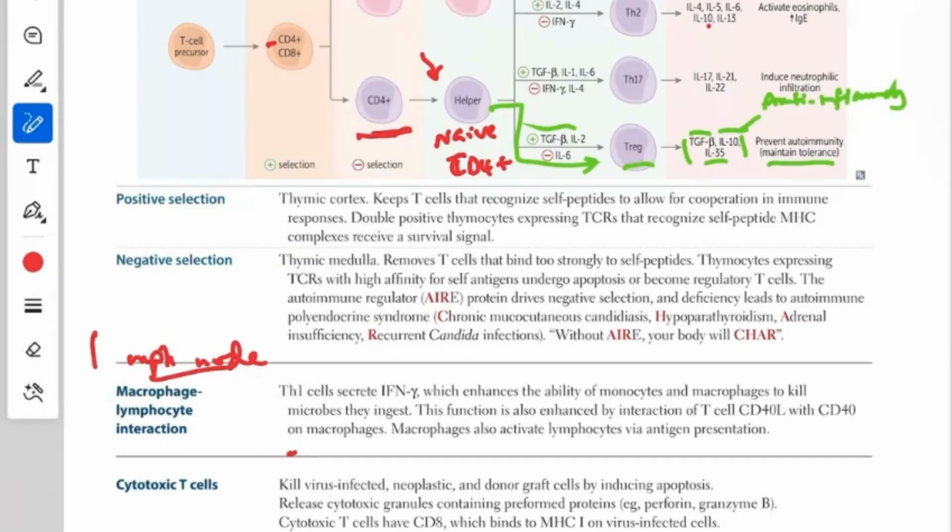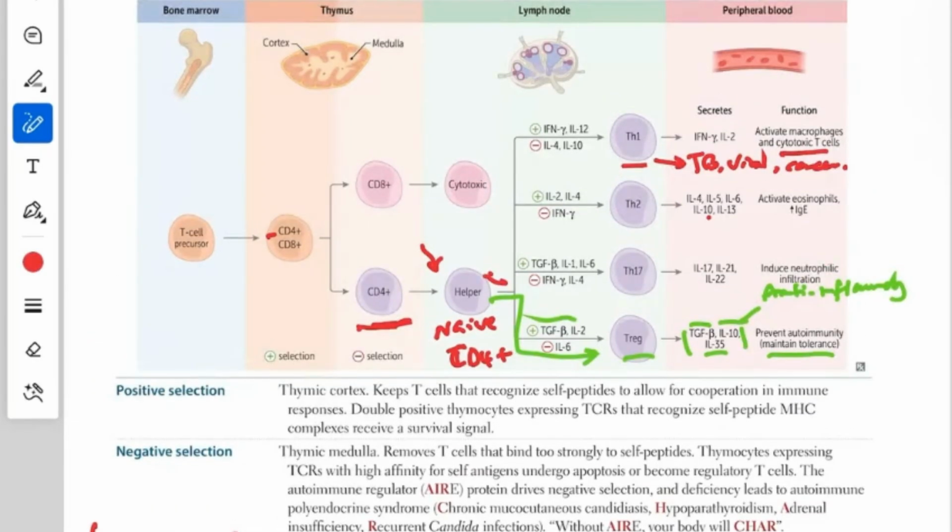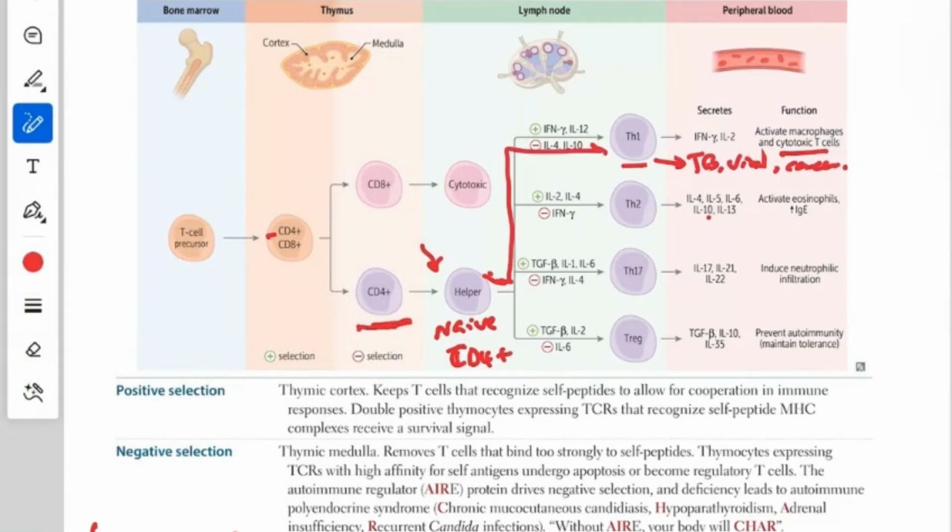Where once the naive CD4 cell, so this interaction is talking about this first one.